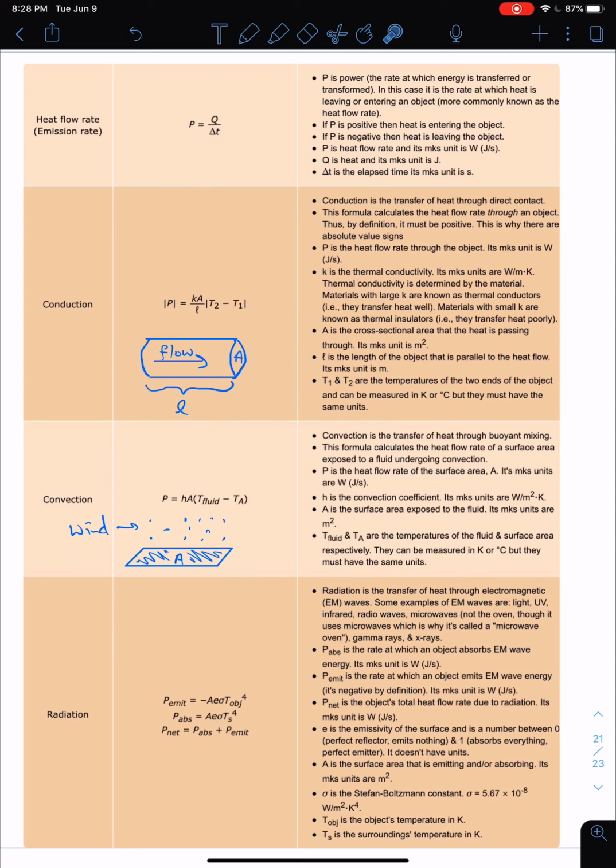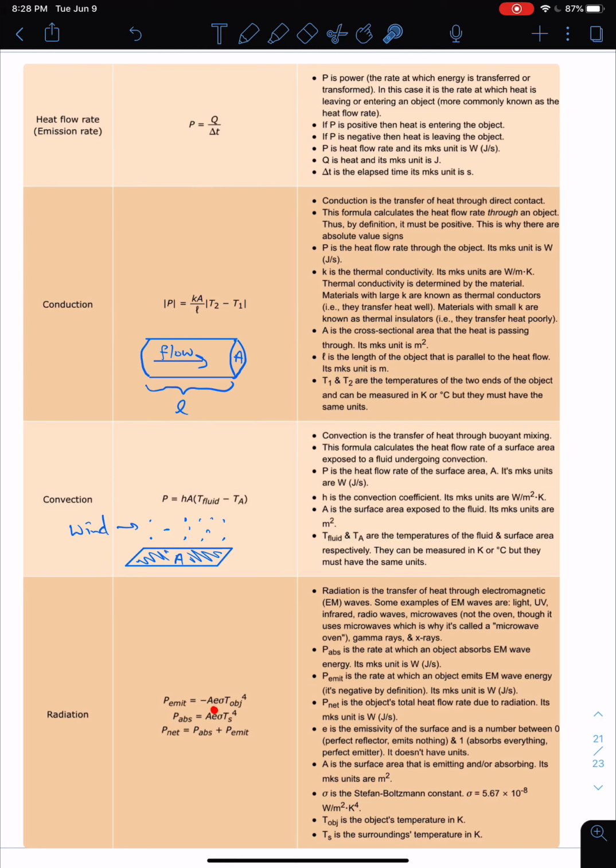If you were talking about a person, it would be the area of your skin. E is the emissivity. This is a number between 0 and 1. If it's a perfect reflector, that means it only reflects, it doesn't emit anything itself, then E would be 0. If it absorbs everything that comes in, then it would be a perfect emitter, and E is 1.